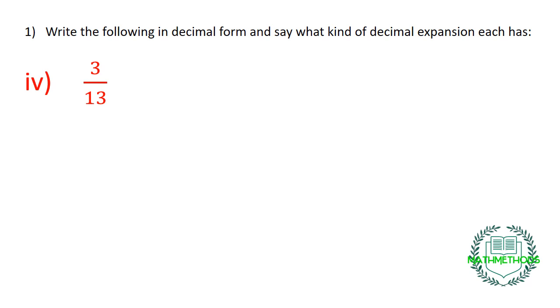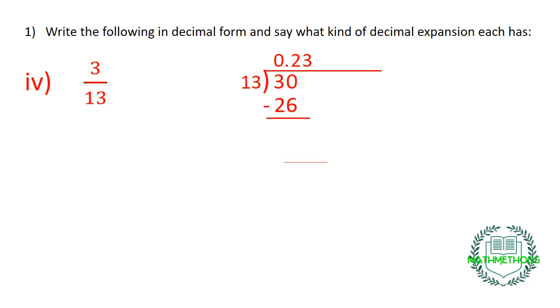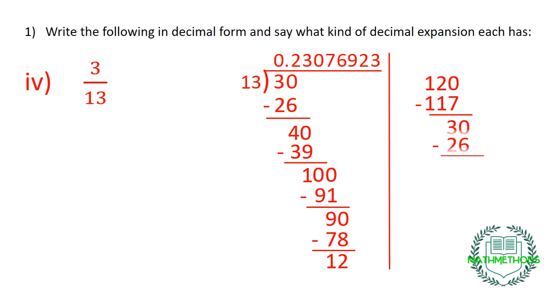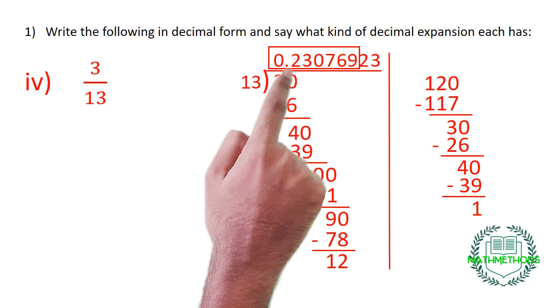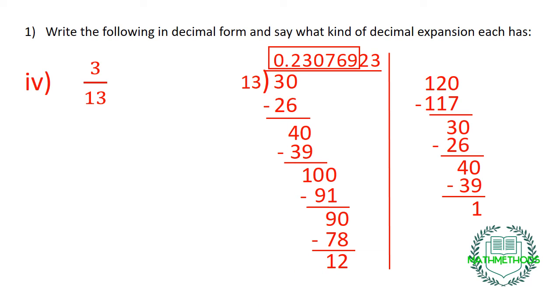Example 4. 3 upon 13. Perform the long division 3 divided by 13. Here we have performed the long division and we get the quotient as 0.230769, and if we continue to divide further, then we'll again have the same block of digits repeating.